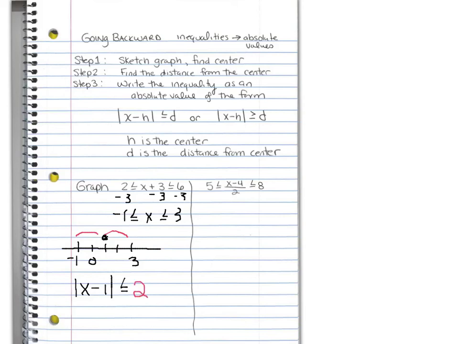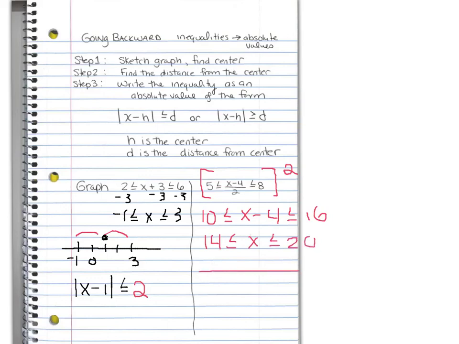Here's another example. I need to look at the graph first. Multiply everything by 2 to get rid of the fraction. So 10 is less than or equal to x minus 4 is less than or equal to 16. If I add 4 to all 3 sides, I get that it's everything between 14 and 20.